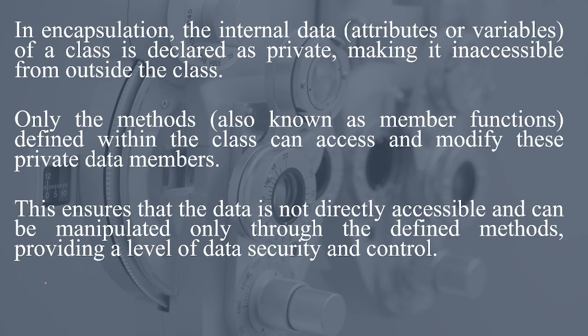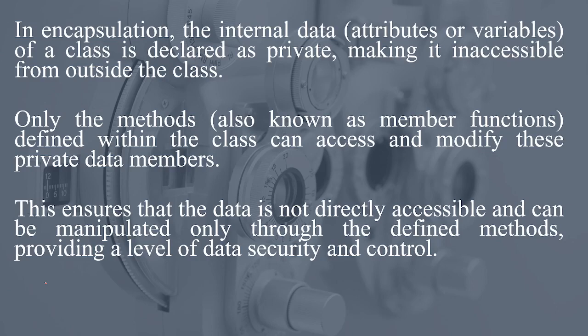Okay, so in encapsulation, the internal data, that is the attributes or variables of a class, is declared as private. So use private, and we have seen private, public, and all, which makes it inaccessible from outside the class. So you cannot access it directly, and we'll see it through an example. Only the methods, which are also known as member functions, defined within the class can access and modify these private data members.